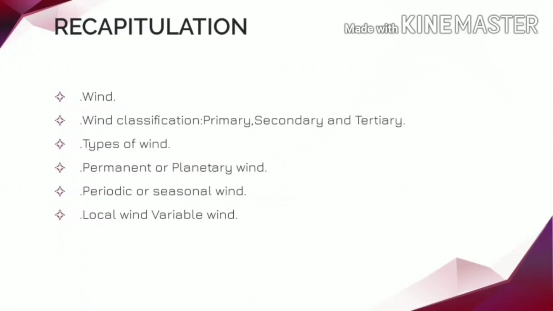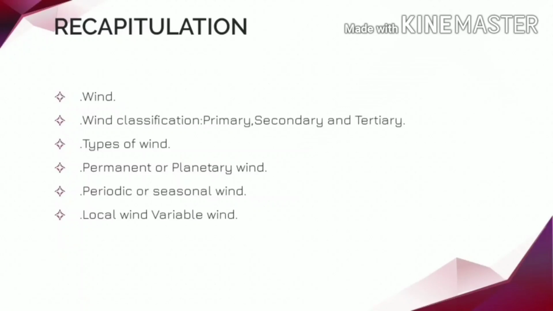Rather, this wind circulation is because of the unequal heating and cooling of the Earth's surface. Then the tertiary wind is caused by local causes and affects only a small area. This kind of wind circulation is known as the tertiary wind circulation.